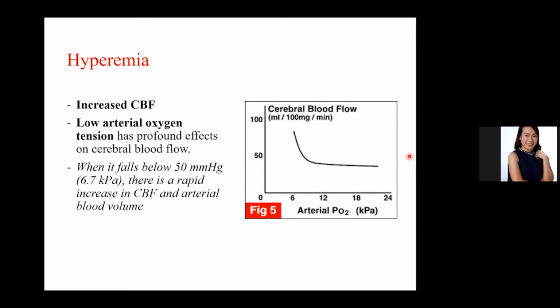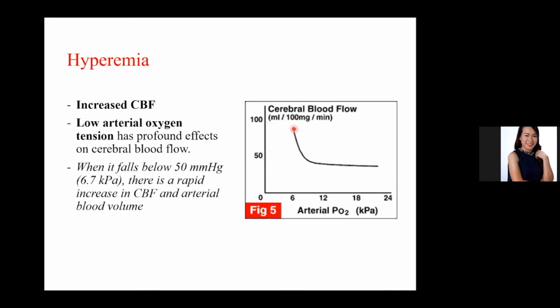So for example, when our arterial oxygen falls below 50 millimeters of mercury, there will be a rapid increase in cerebral blood flow and arterial blood volume. Of course, if we detect that there is already decreased oxygen in the brain, we have to increase the blood flow to the brain in order to bring more oxygen to the brain.